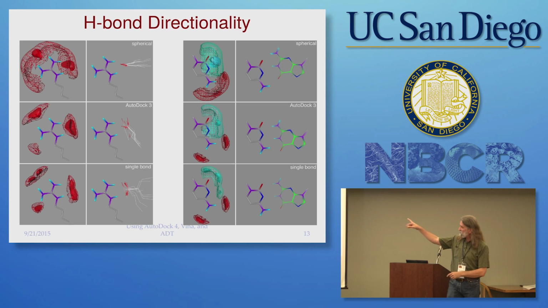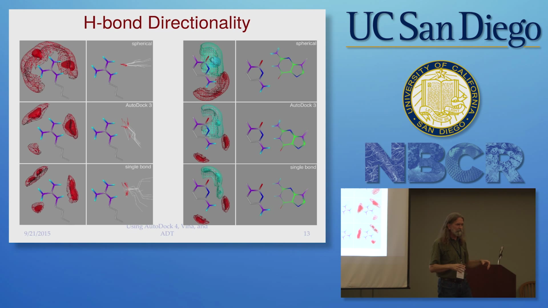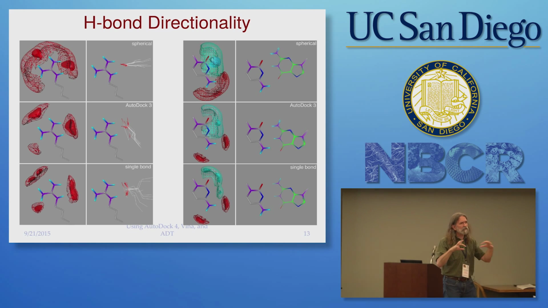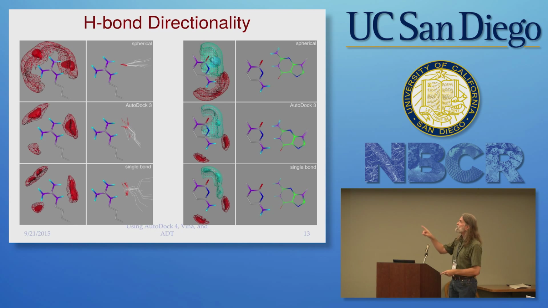And so these effects tend to wash out because you're optimizing a bunch of these at once. And so Vina actually, most of the time, gives results just like what you'd expect. But if you dissect it out and try to make it do one interaction at a time, then it underscores these limitations of the method.